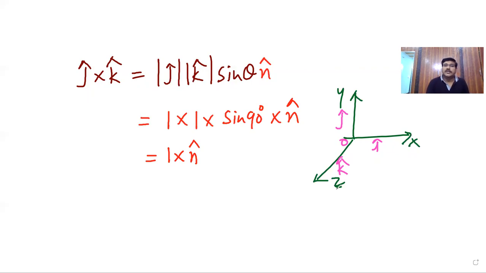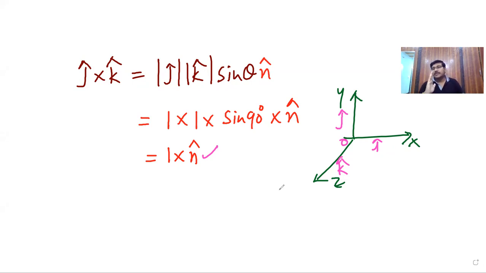Now what we need is J bar cross K bar. Direction we want. Start the right hand towards J bar first.